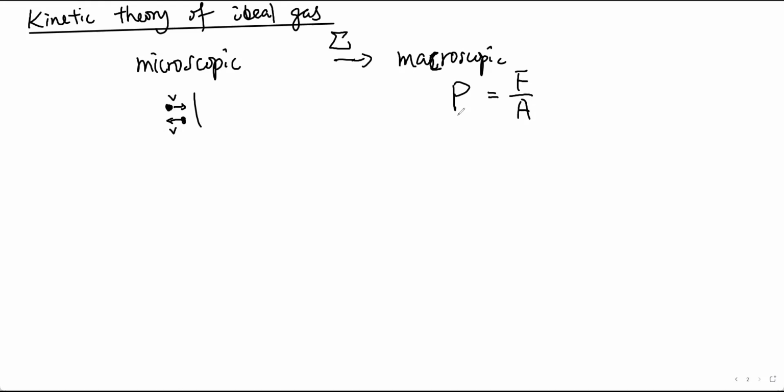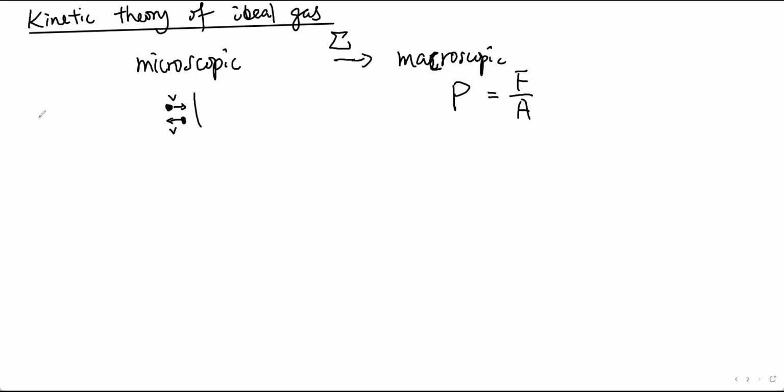We just sum up the force by each molecule, and then we can get some macroscopic quantity like the pressure. And also we want to relate it to the temperature, but we will see that later on.